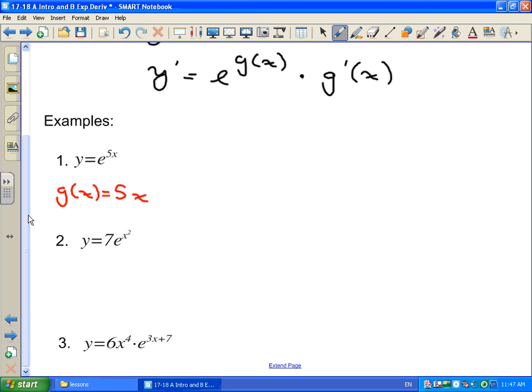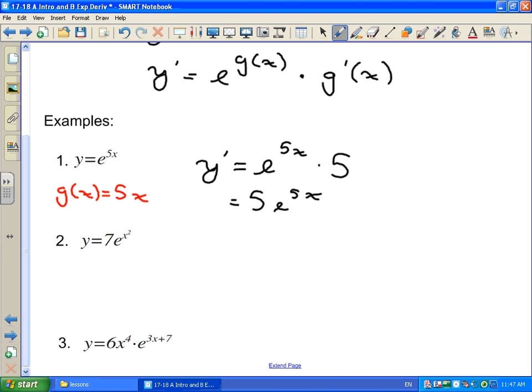So our derivative, y prime, is going to be our original function, e to the 5x, times g prime of x, or the derivative of what's in the exponent. Derivative of 5x is just 5. So this is going to be times 5. All right? So this is 5e to the 5x.